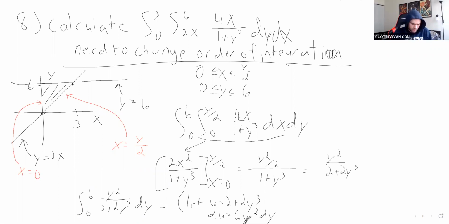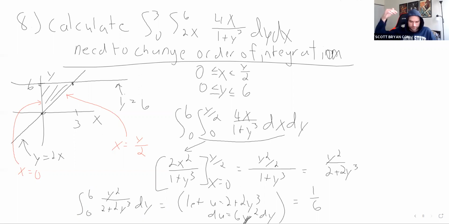Let me make sure, did I do this right? Yes, I did. Good. So we want 6y squared dy. We have y squared dy. So it's 1/6 du.